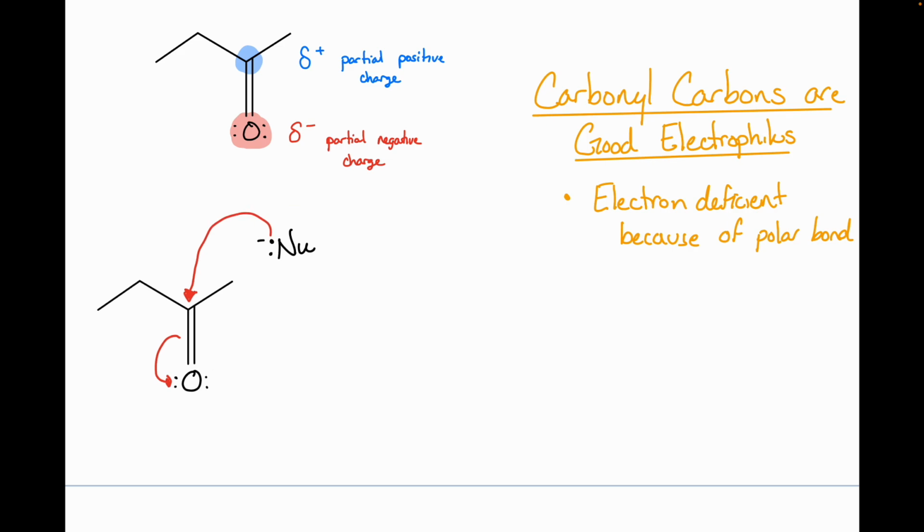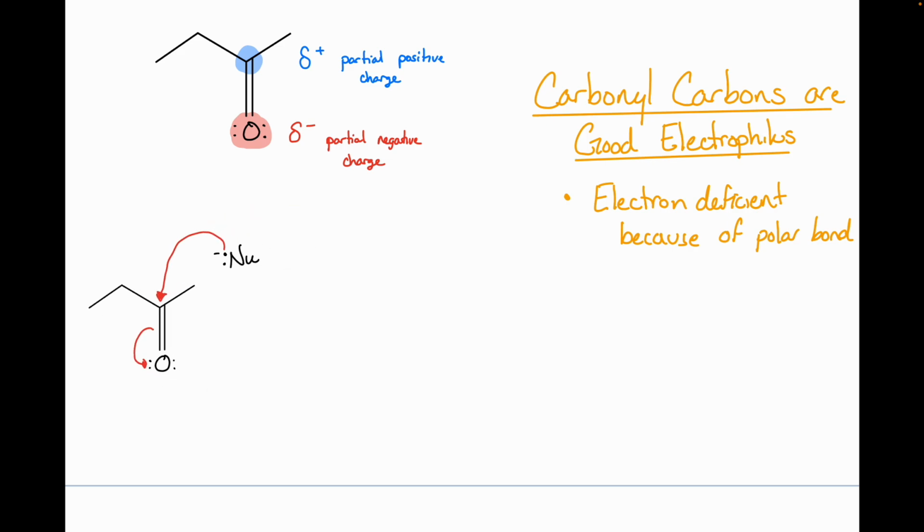So these reactions undergo this intermediate here, where we have our nucleophile attached, and we have this oxygen that has a negative charge. This is going to be an intermediate. We call this a tetrahedral intermediate.